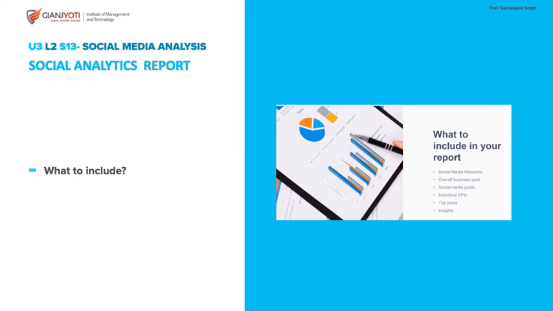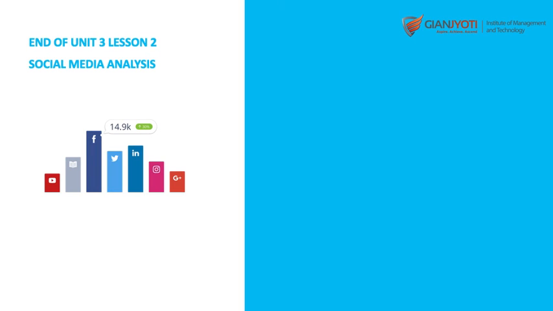You also need how it has performed in the past, how you are going to measure in the future, and what control measures you are going to take. So that is all for this unit.